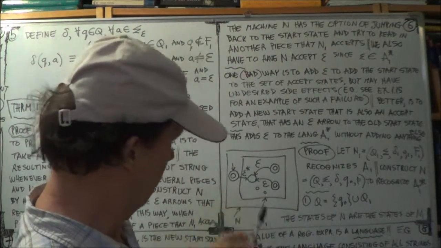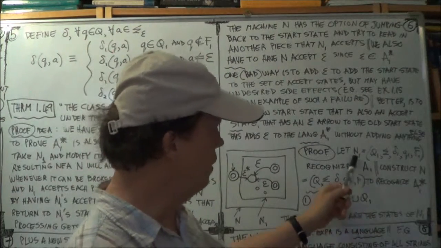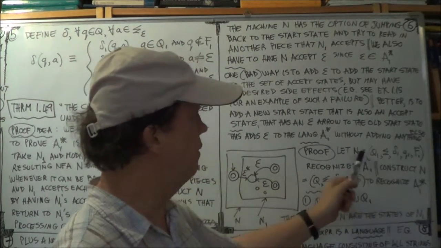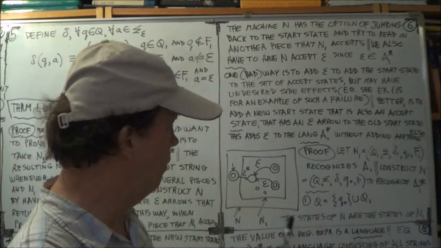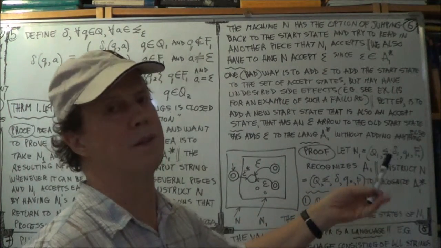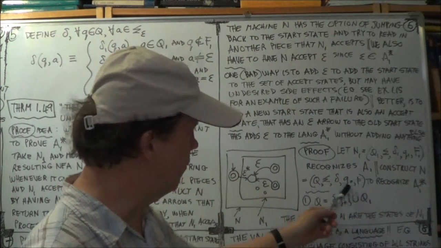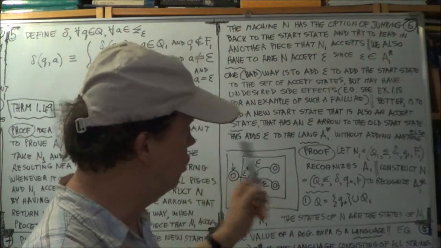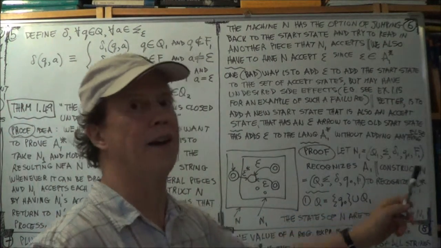There's only one part with this little complication here. Okay, so here's our formal specification for N1, which recognizes language A1, and then we have to construct the machine big N, and here's its specification, and its job is to recognize A star, or A1 star.